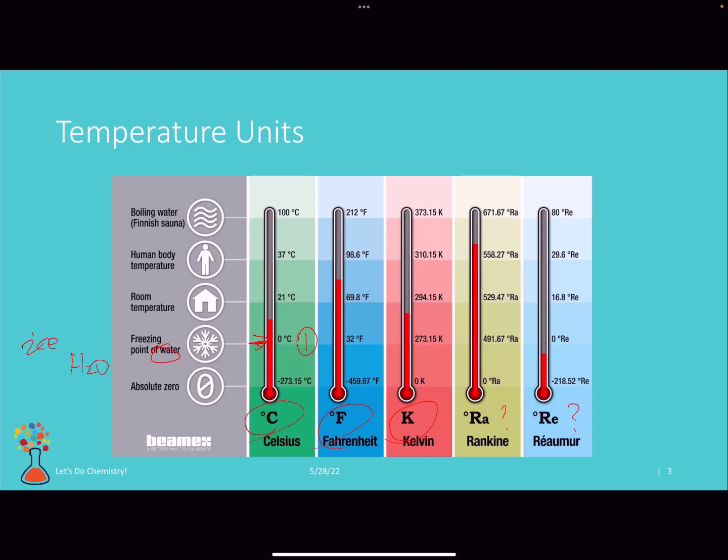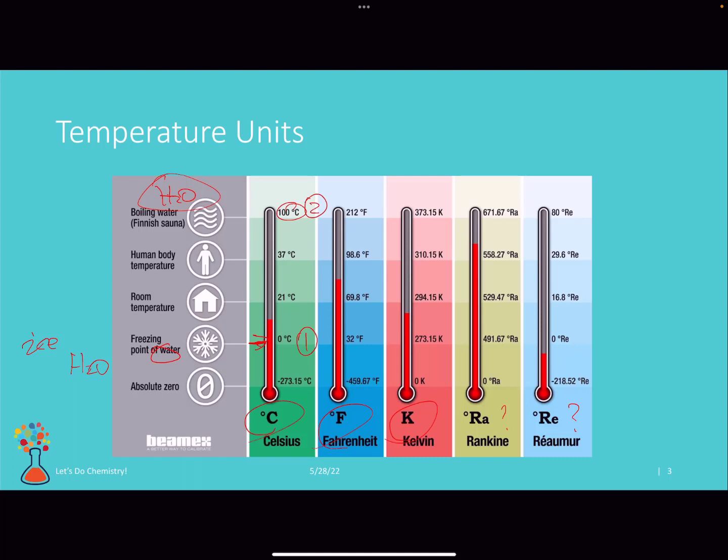The second thing we need to memorize is the boiling point of water, H2O again. It's 100 degrees. This is a little bit tricky. The boiling point of water is always 100 Celsius degrees, yeah, that's probably not true.